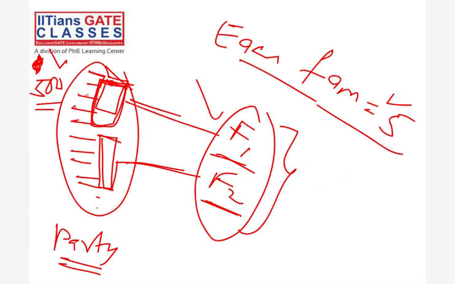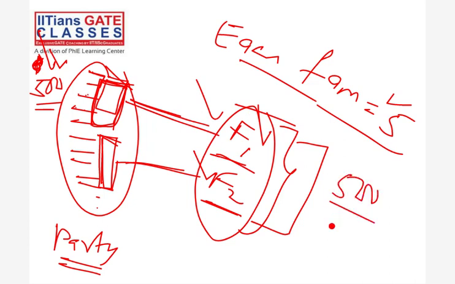So the cardinality of this set will be the cardinality of the other set divided by 5, that is 500 divided by 5.